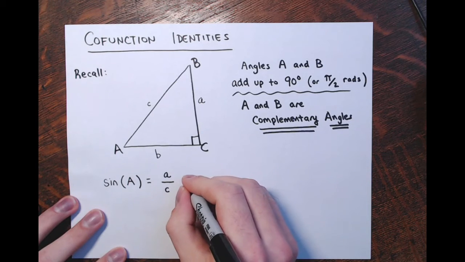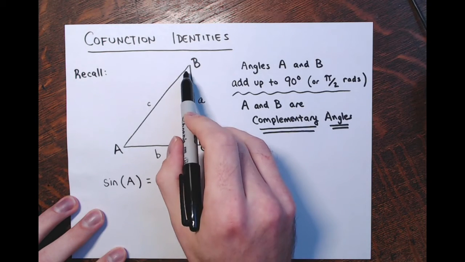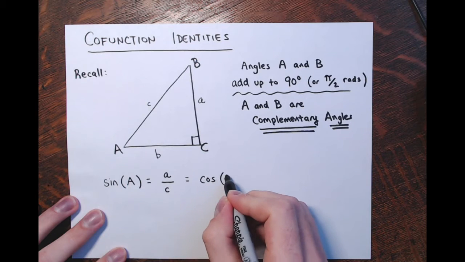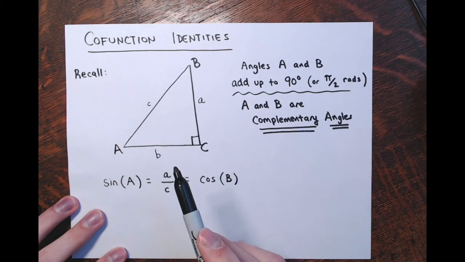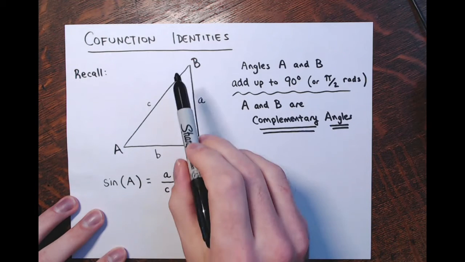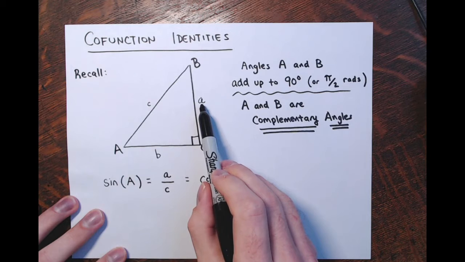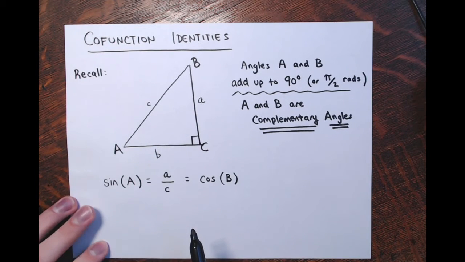Well, do you notice how that's also the same thing as the cosine of B? Because remember, cosine is adjacent over hypotenuse. And for angle B, little a is the adjacent side, not the opposite side. And then the hypotenuse is little c.